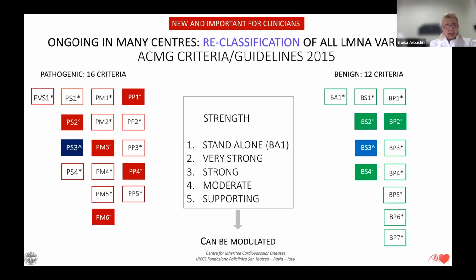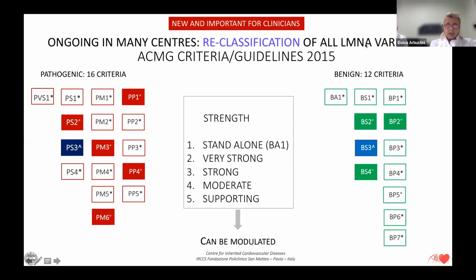The problem today with this gene, and with many other genes associated with cardiomyopathy, is the ongoing effort in many centers of Europe and everywhere that care for or work on cardiogenetics in cardiomyopathies: the reclassification of variants of all genes.